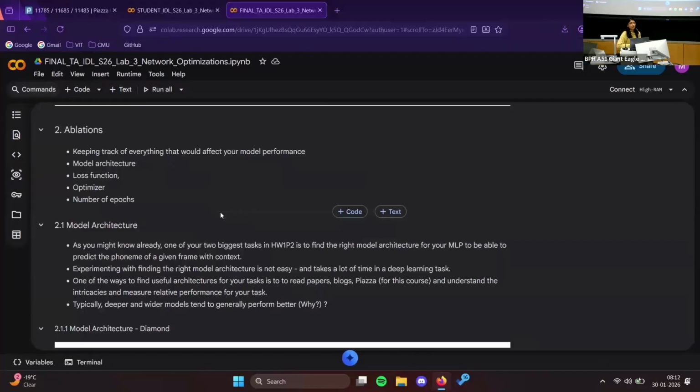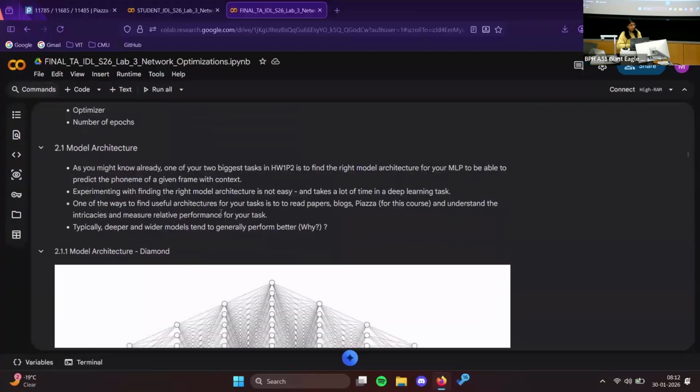So you will have to experiment a lot with different model architectures. This is why we encourage you to do this in a study group so that you can experiment with multiple things at the same time.